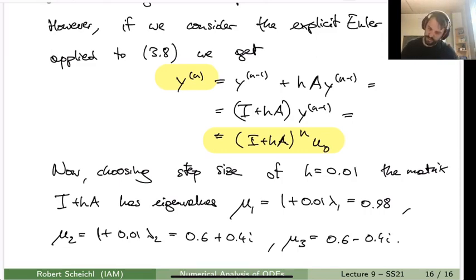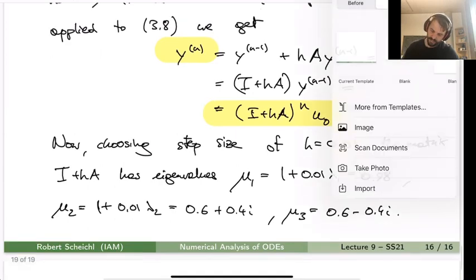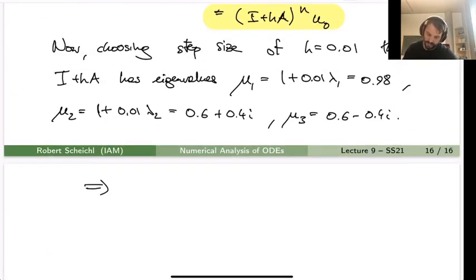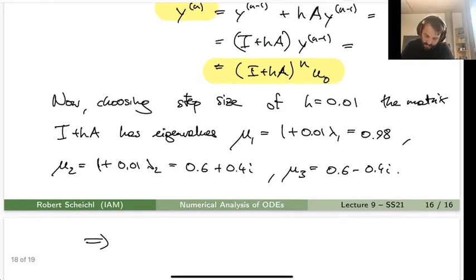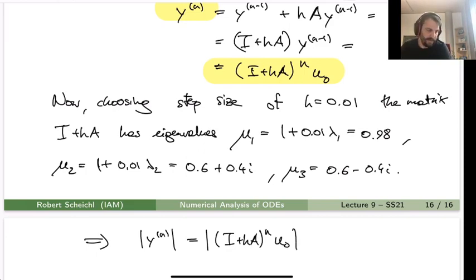And therefore, if I look at our formula, we see that the norm of yn is equal to the norm of I plus hA to the n times u naught, which is less than or equal to the norm of I plus hA to the n times the norm of u naught, and I can bound this by the largest of the eigenvalues.